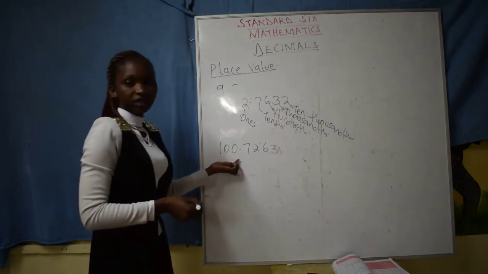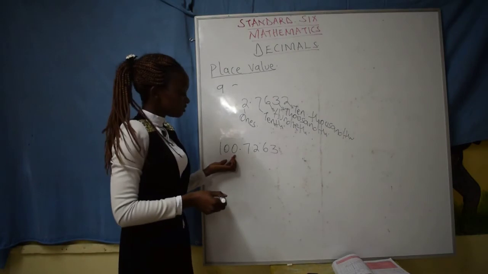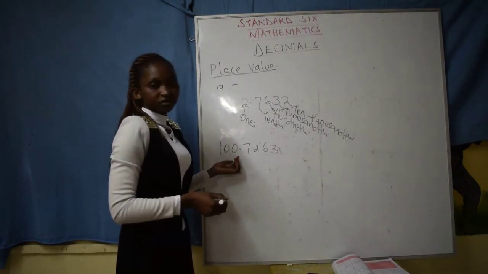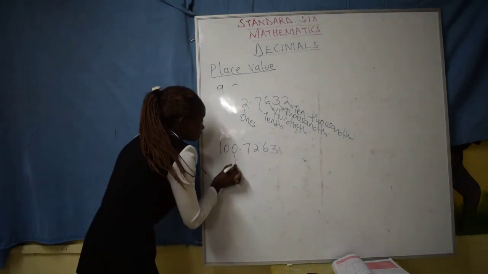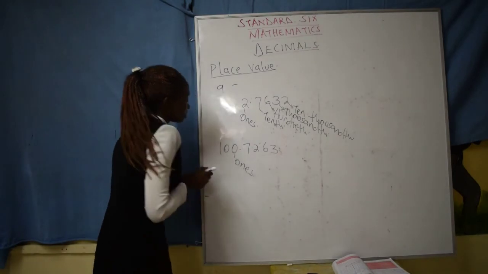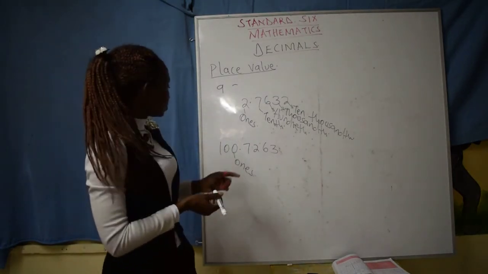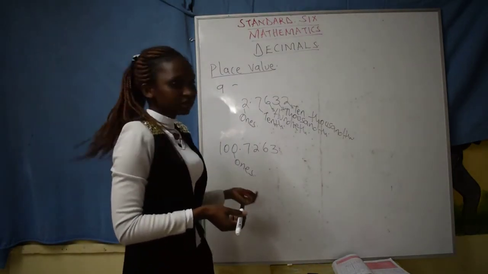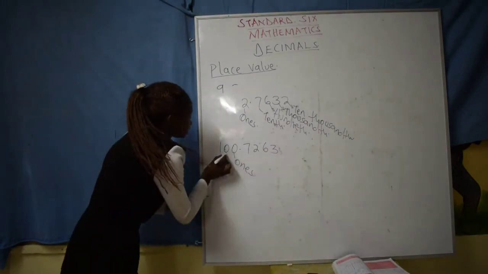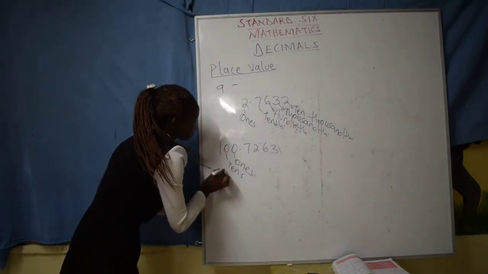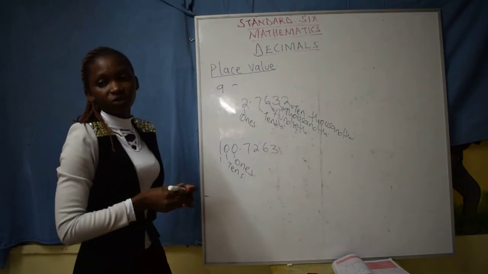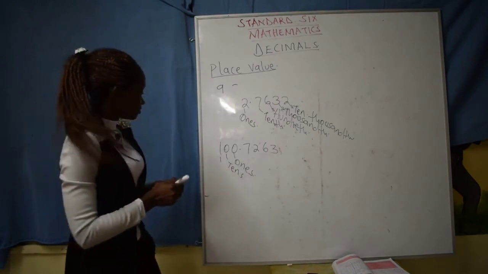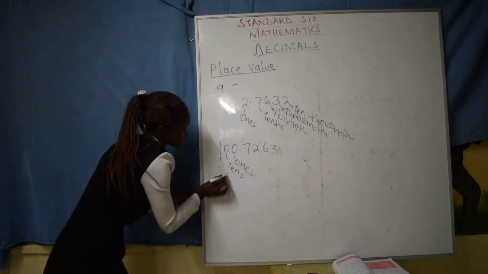We begin with the 0 here. What is its place value? Very good, ones. Give me the place value of the next 0. Very good, tens. How about the place value of 1? Wonderful, hundreds.